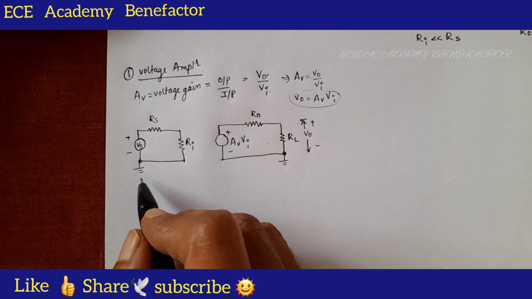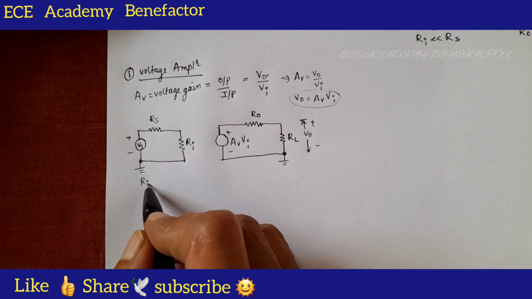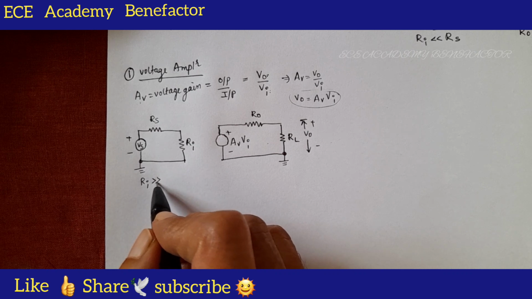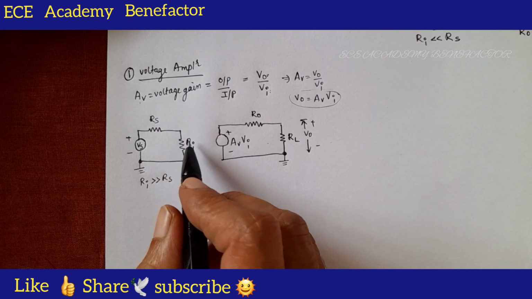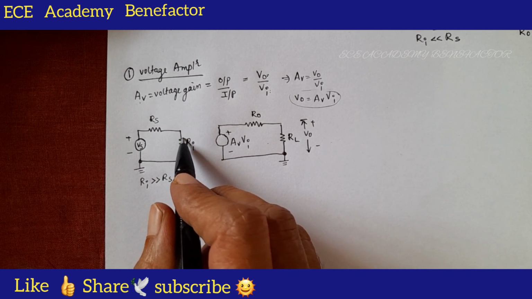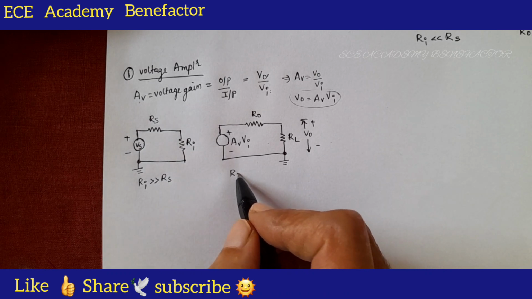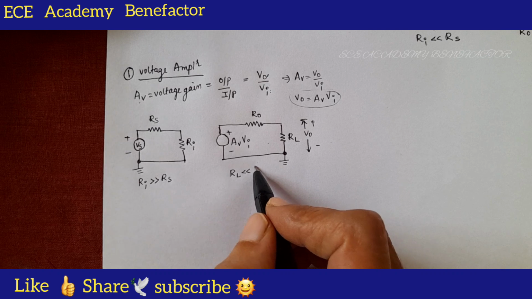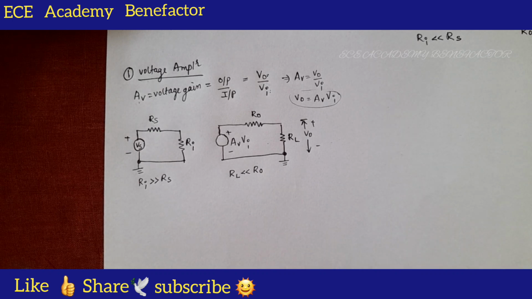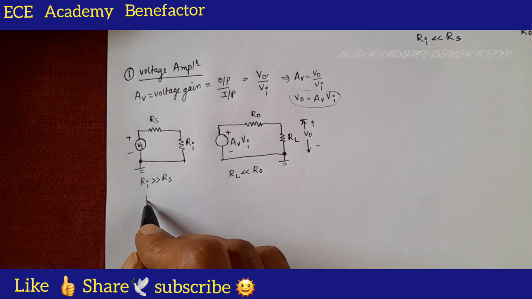What is the condition for voltage amplifier? Ri is very large compared to Rs. This is very large and here at the output circuit, RL is very large compared to R naught. Sorry, there is a correction. So, Ri is very large means what is Ri value?